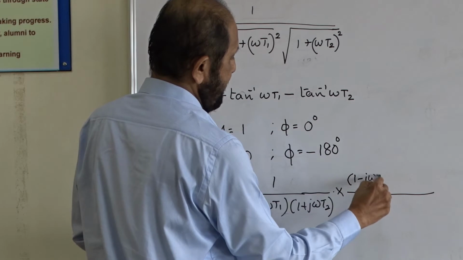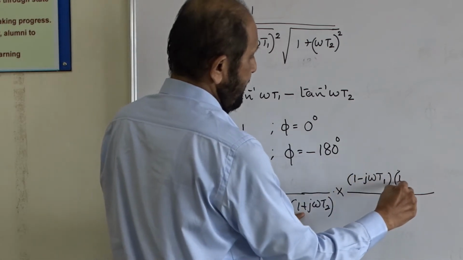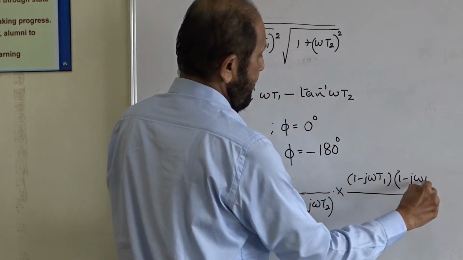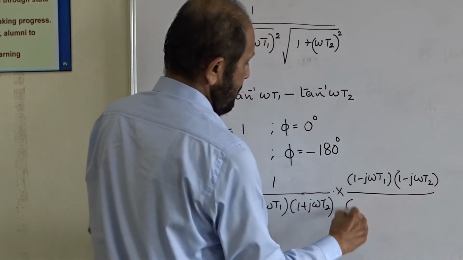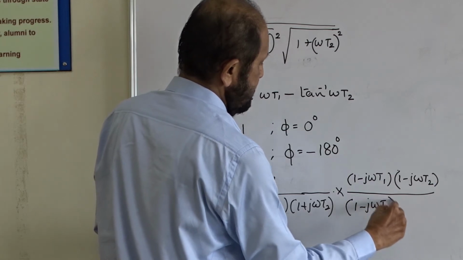So 1 minus j omega t1, where plus is replaced by minus. Similarly, the complex conjugate of the other factor is 1 minus j omega t2. Same thing in the numerator, so the expression is valid.